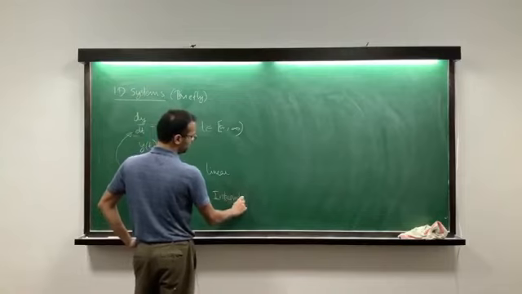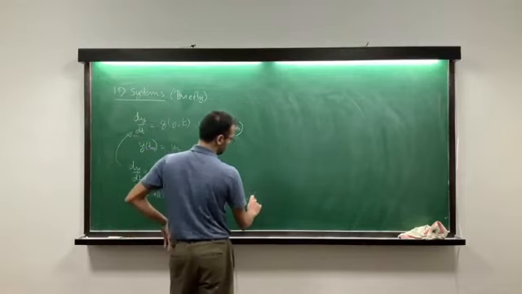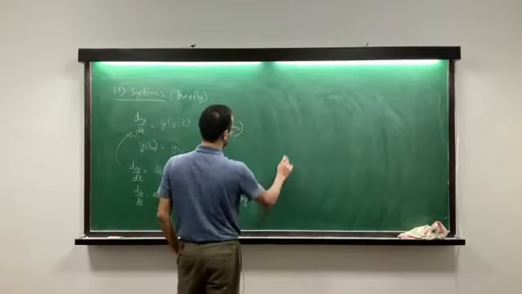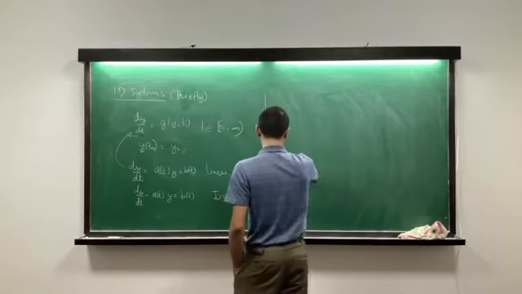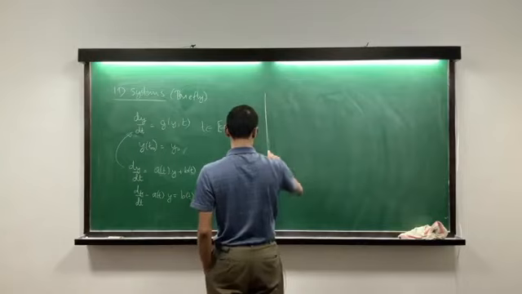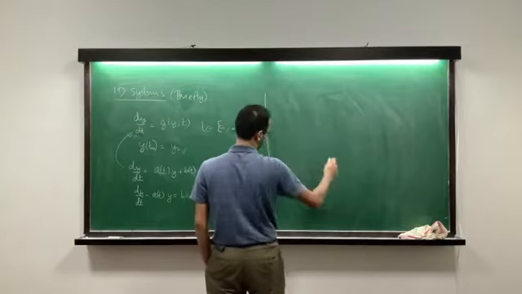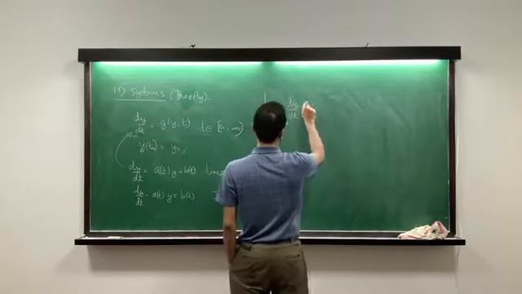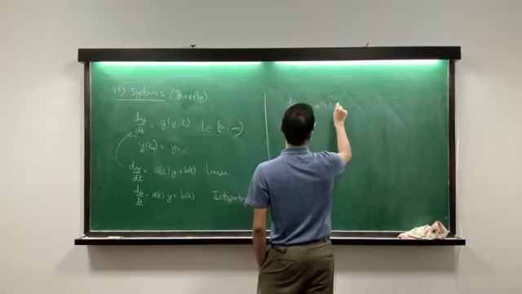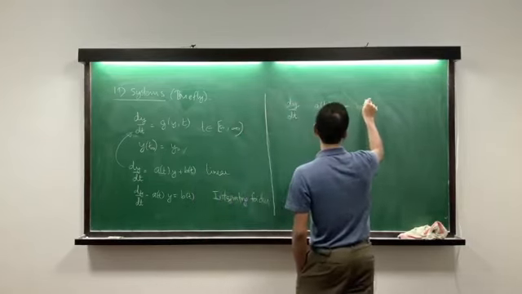It's a clever trick that you've probably seen before. So you have dy by dt minus a of t times y equals b of t.